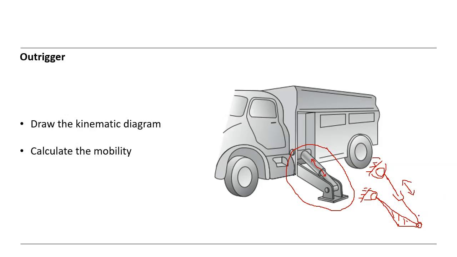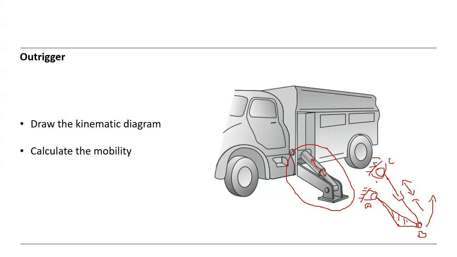If it moves in that direction, so you can see this point. Let's say this is A, B, and this is C. And if it moves in that direction, you can see it goes in that direction. So then we can move this part AB up and down using this linear actuator.